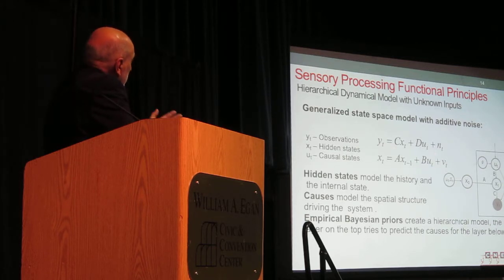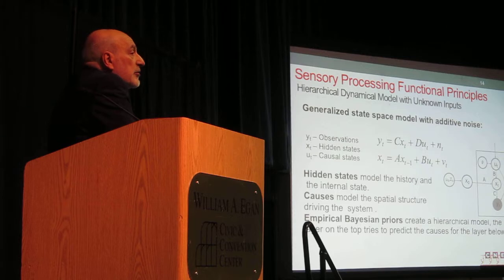Let's read the equations. They are simple because they are linear. I'm going to represent y of t as a sum of two terms: the multiplication of a matrix of coefficients C with the states, and the matrix of coefficients D with U, the causes. And this term is a noise term.